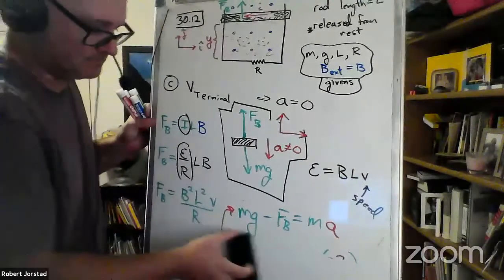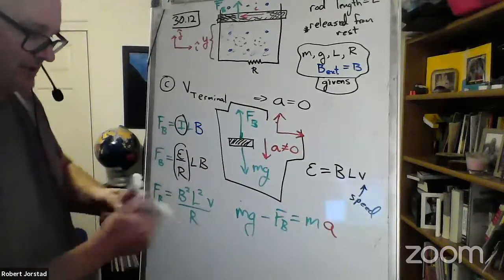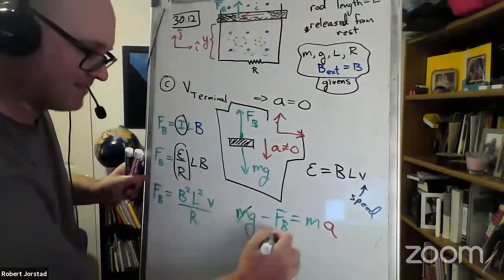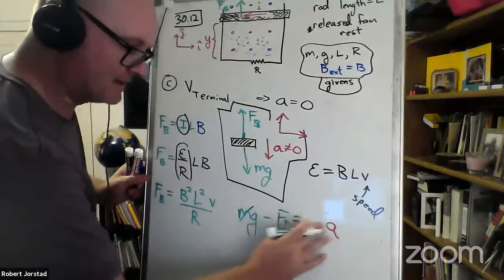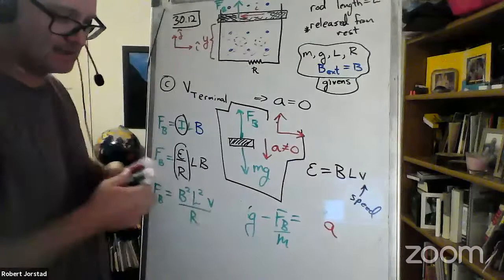All right, let's check it out. I don't know if any of this is making sense to you guys, but take a look. I'm going to divide by m. Why? Because it's easier. Now I got this equation.